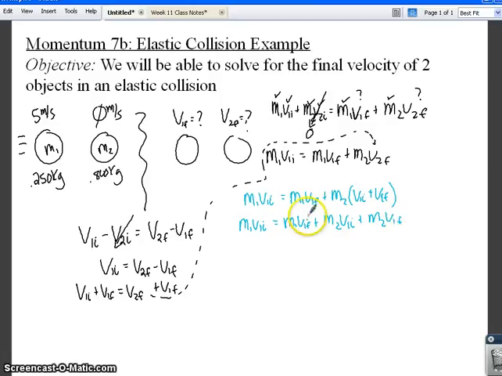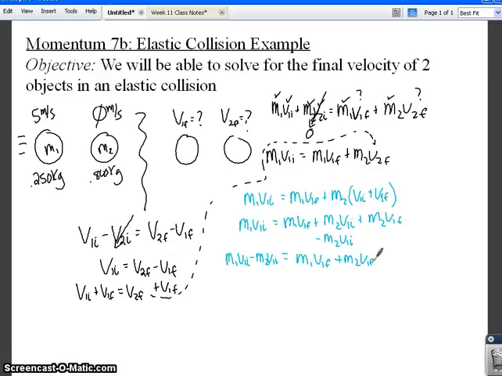Remember, I am trying to solve for v1f. This is my unknown. Everything else is known. The m's are knowns and v1I is known. So first I'm going to get rid of the m2 v1I term by moving it over here. So m1 v1I minus m2 v1I equals m1 v1f plus m2 v1f.